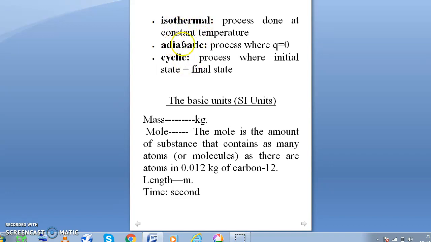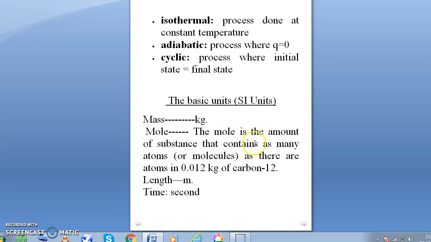Then we have adiabatic process: the process where Q is equal to 0, that is, there is no heat interaction, is called an adiabatic process. Next we have cyclic process: the process where the initial state is equal to the final state is a cyclic process.